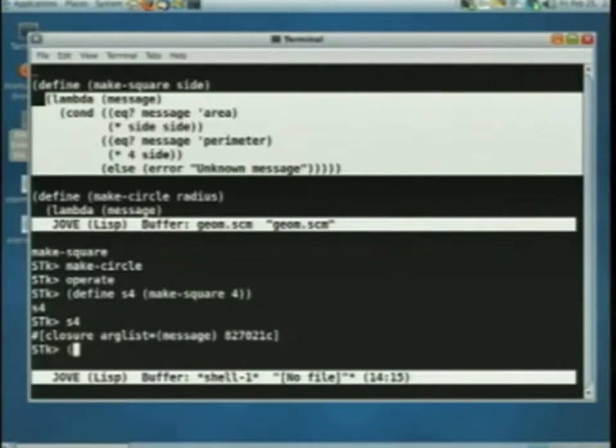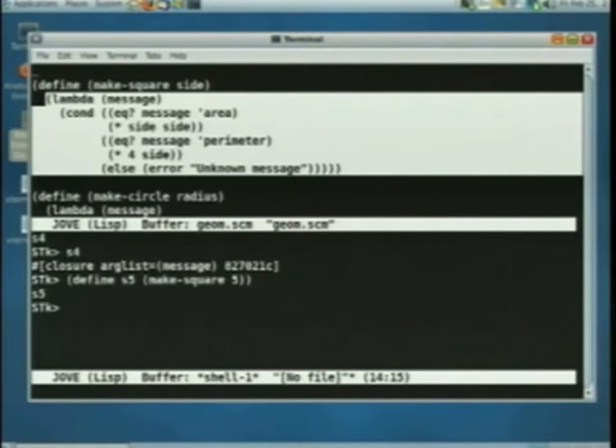Similarly, I can say define S5 make square. Hardest part about this is spelling square. And I get a different procedure. It doesn't look so very different, but it's a little bit different. And it does behave differently because here we've substituted 5 for side in the 3 places where it appears here.